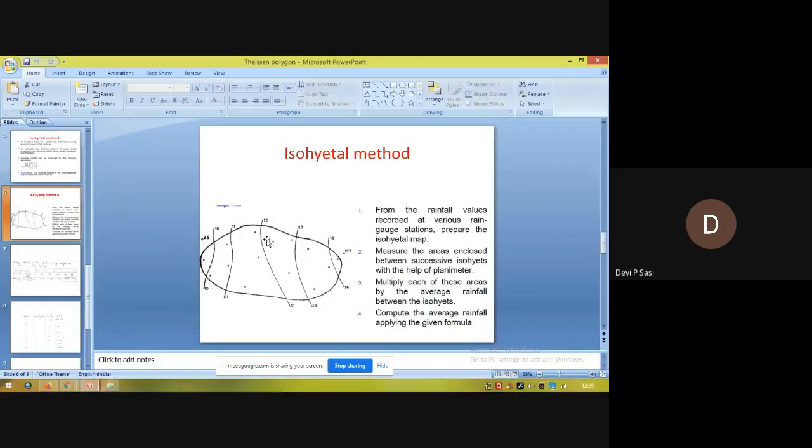That particular area has to be multiplied by the average of the rainfall values, that is, by 12 plus 13 divided by 2, which is 12.5.